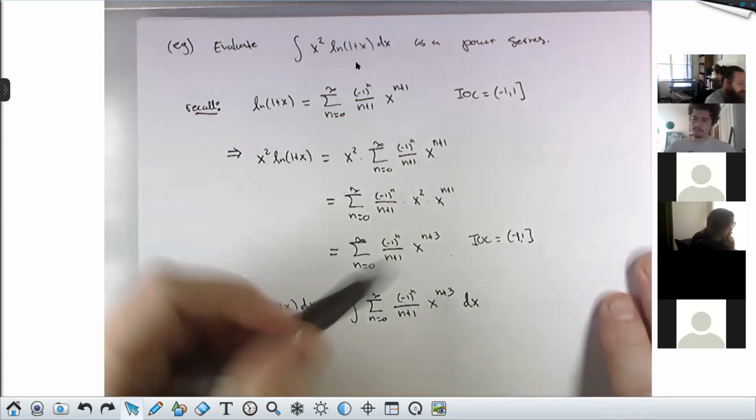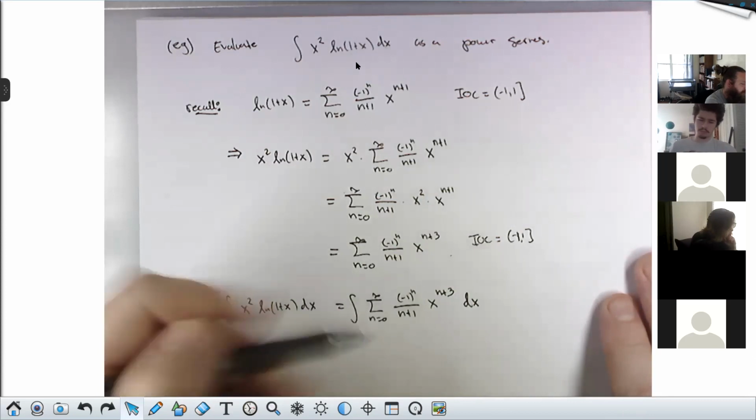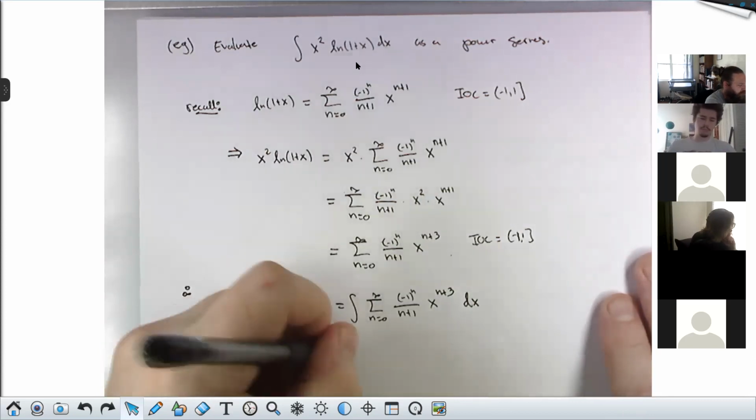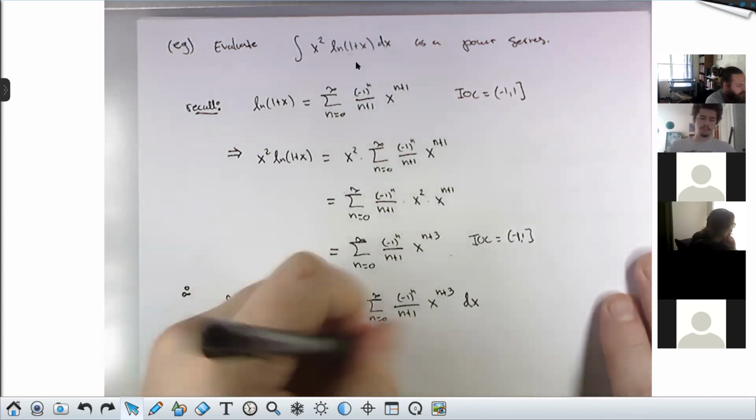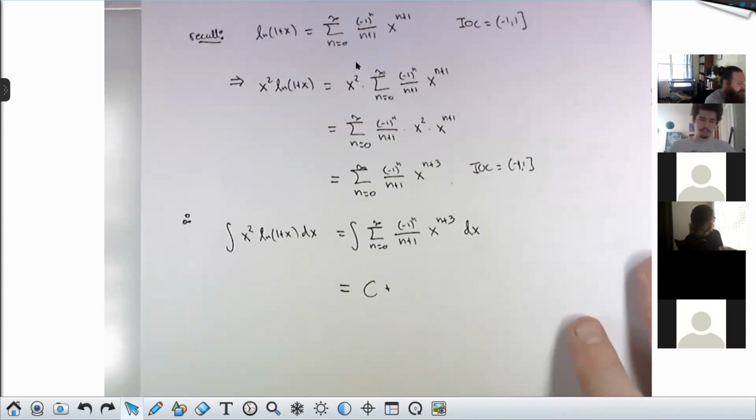Remember, the n's are in no way related to the integral. The integral doesn't care about the n's, it only cares about the x's. It's an indefinite integral, so we'll get a plus c. We like to write the c out front rather than behind, so it's clear that the c is not inside the series, but outside.